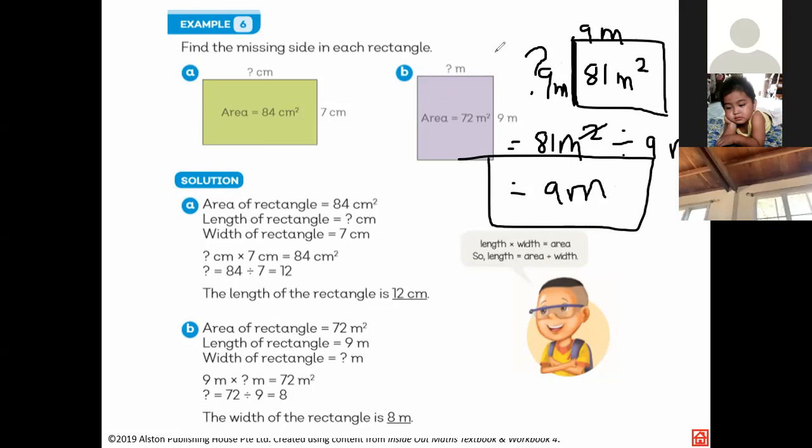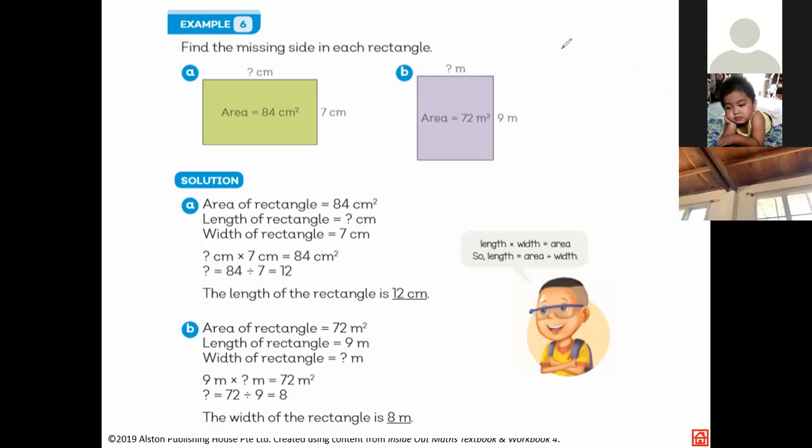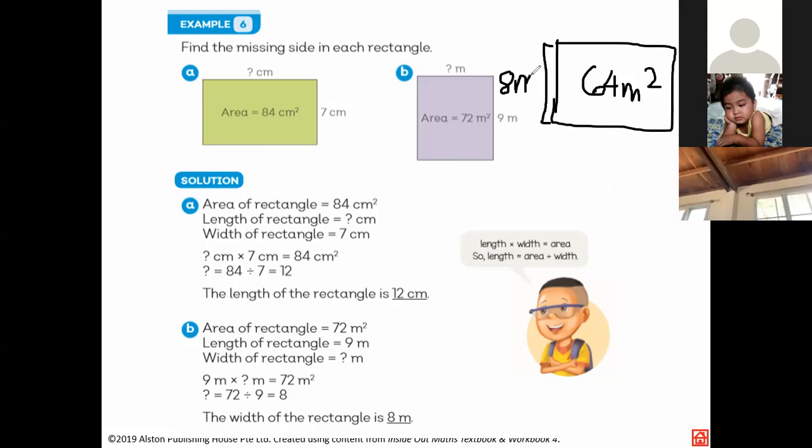Okay, another example, class. I have, let's say, 64 meters squared. So the measurement here is 8 meters.